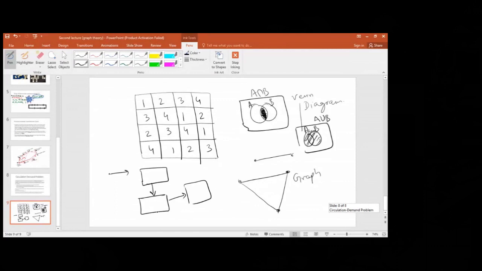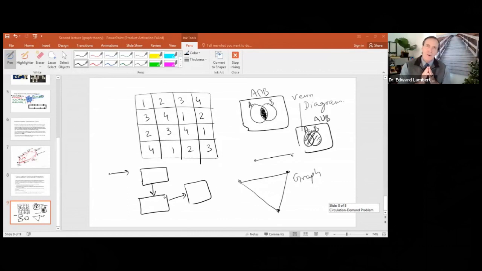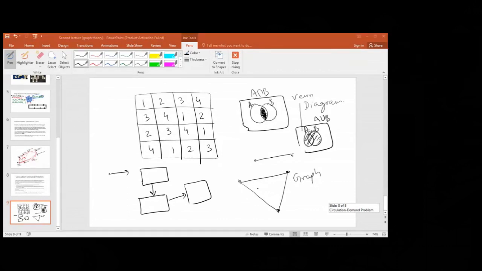Understand? So graph theory mainly focuses on points and the relationships, not so much areas. Actually, these are all connected, but the representations are slightly different.